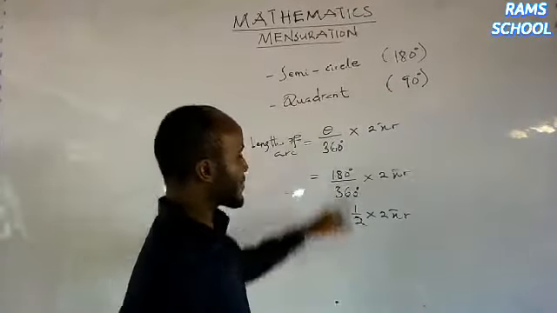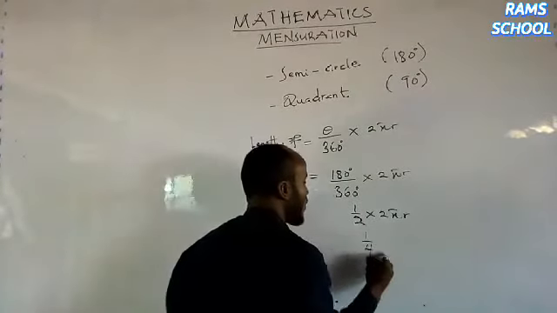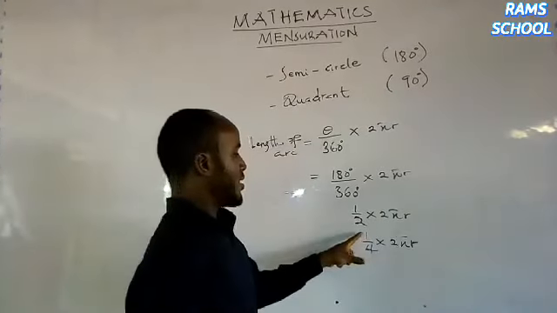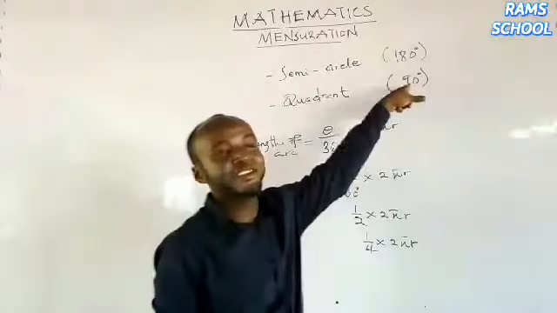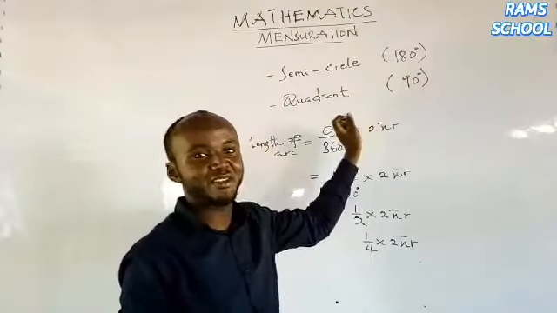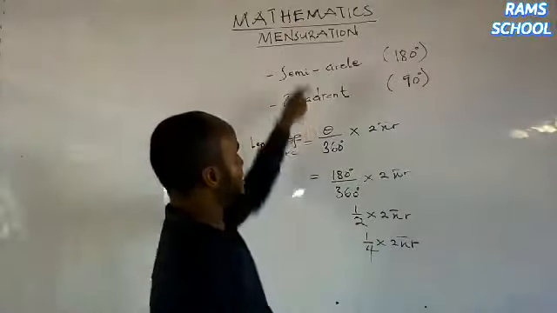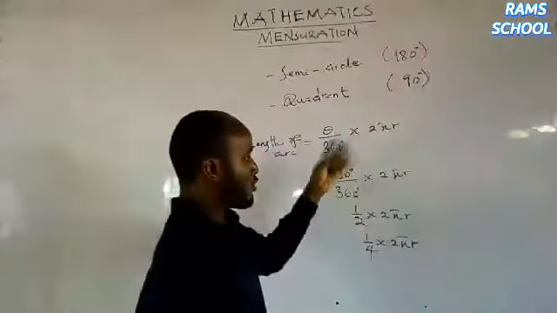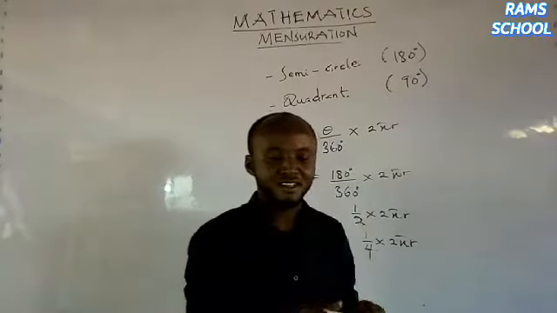And the quadrant too becomes a quarter, 1 out of 4, as a result of the 90 degrees being divided by 360 degrees. So please take note, semicircle 180 degrees, quadrant 90 degrees. Then you move on with your solution.